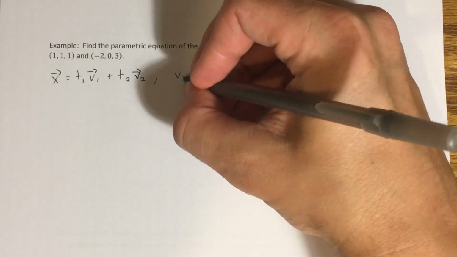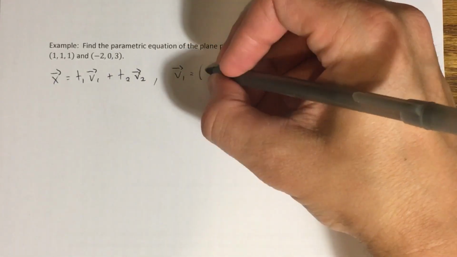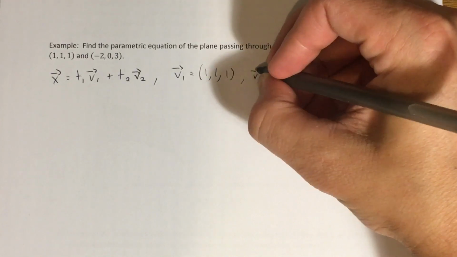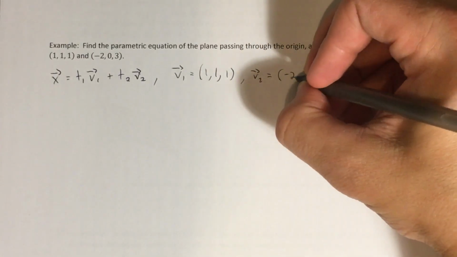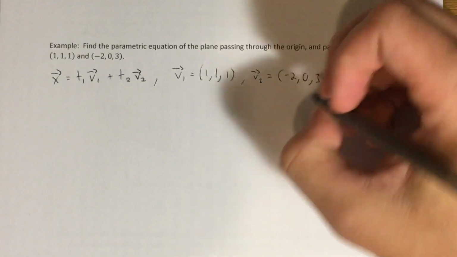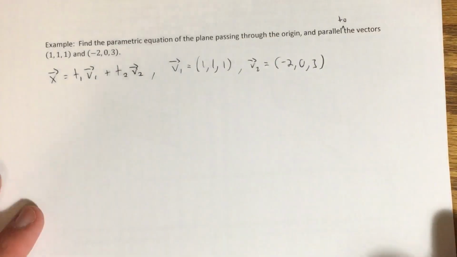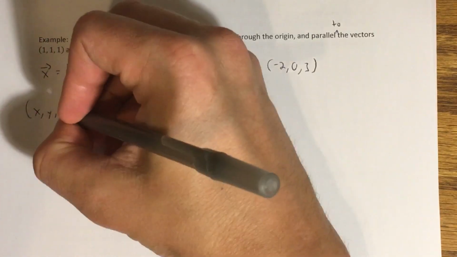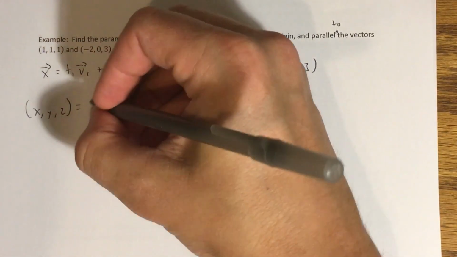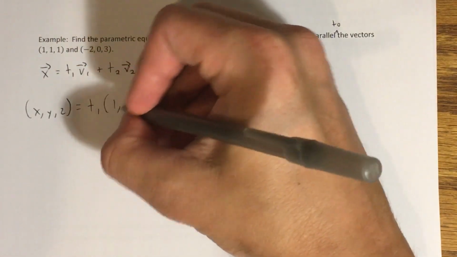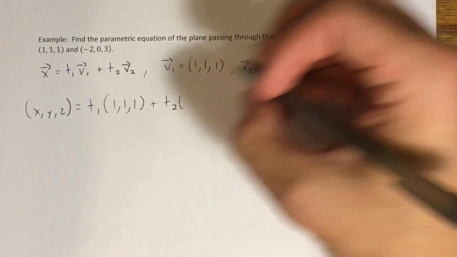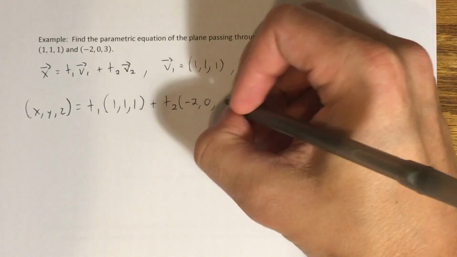And in this case, v1 is equal to 1, 1, 1, and v2 is equal to negative 2, 0, 3. So putting this into our equation and rewriting x as x, y, z, my parametric equation looks like t1 times 1, 1, 1 plus t2 times negative 2, 0, 3.